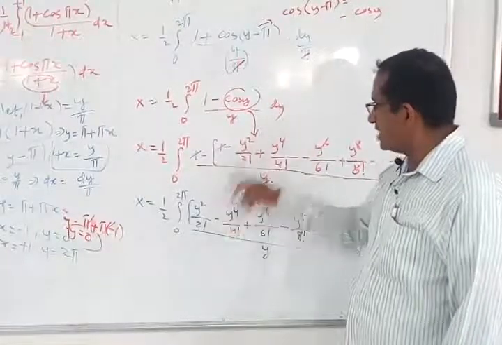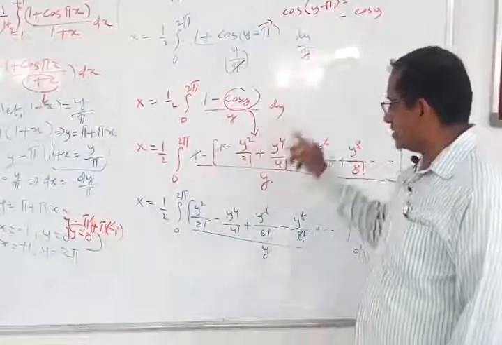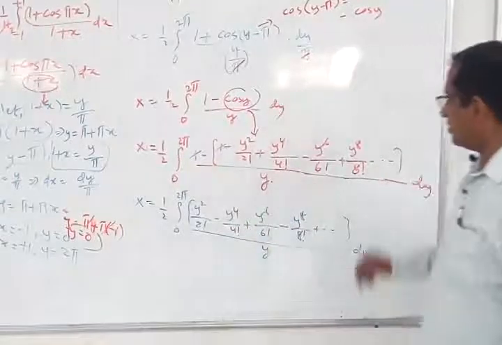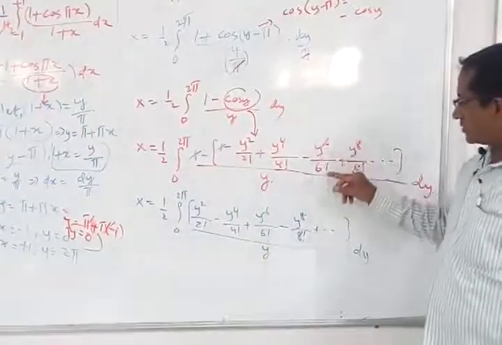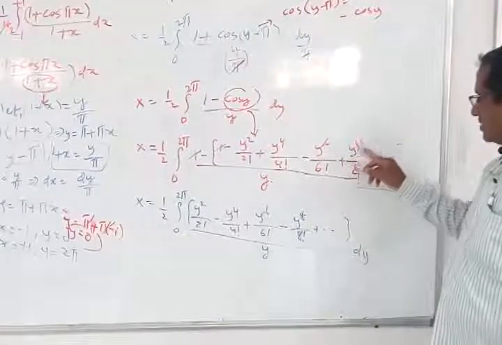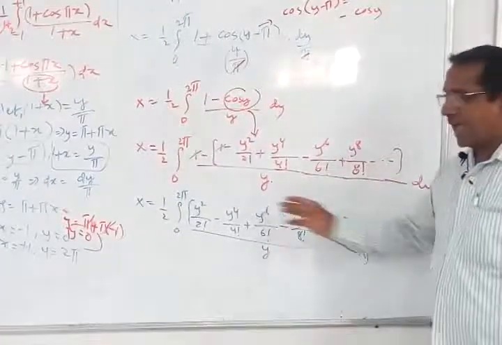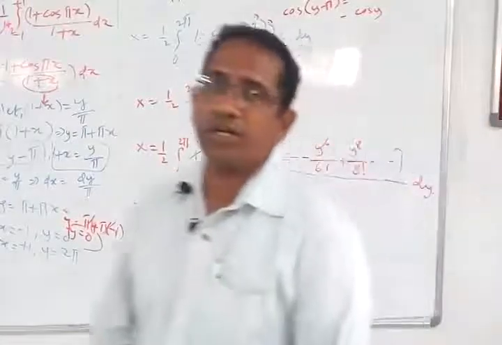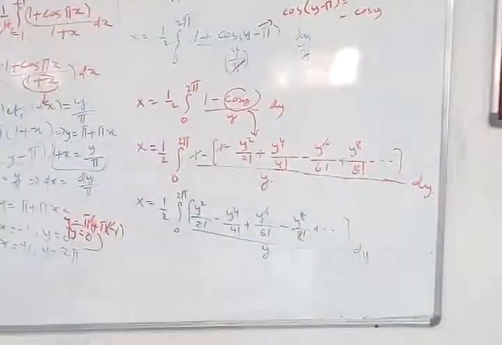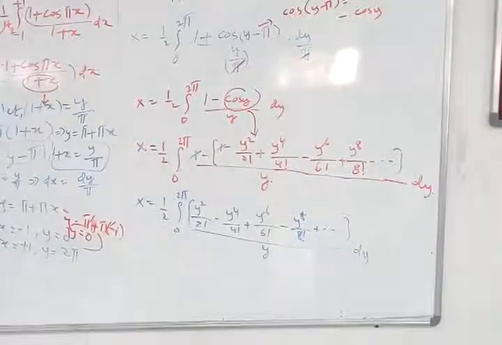Now I will be writing this as y square by 2 factorial minus y to the power 4 by 4 factorial plus y to the power 6 by 6 factorial minus y to the power 8 by 8 factorial. Like this I can extend it up to around 14 terms. So now after I get this, x is equal to 1 by 2 into all this factor.